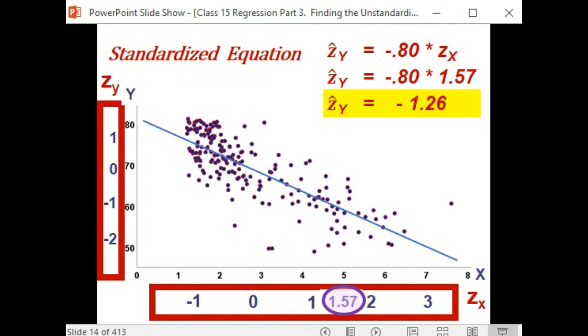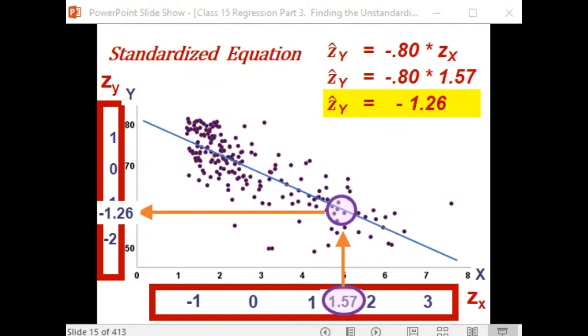And then when we do the algebra, we find that the predicted value of the z of y is negative 1.26. Negative 1.26 is the same number we get if we plot the prediction point on the regression line and then use the point to find the predicted value of the z of y.